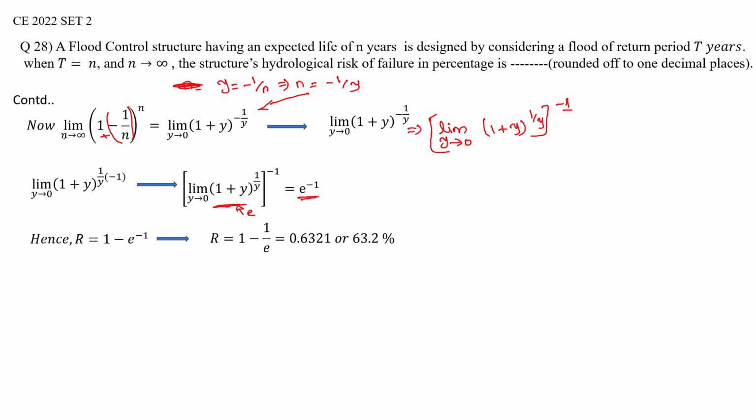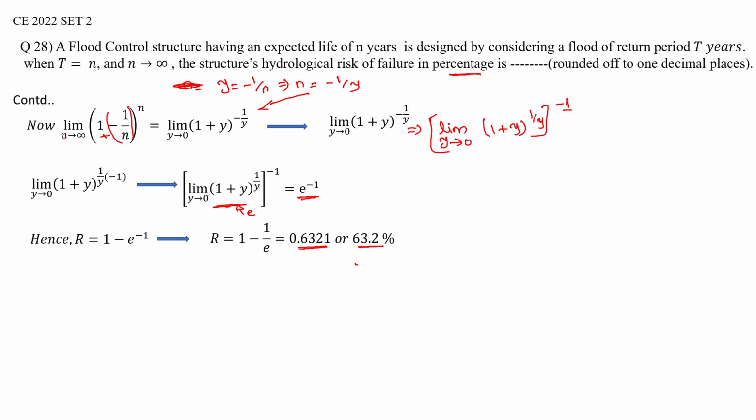This is R. So R equal to 1 minus e power minus 1, which is nothing but R equal to 1 minus 1 by e. When you enter 1 minus 1 by e in the calculator, you get 0.6321. But the question asks for a percentage, so it will be 63.2%. Is it clear?